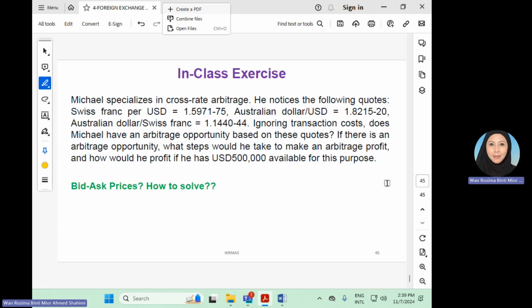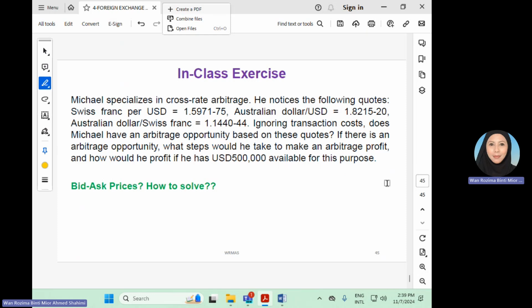Okay. Michael specializes in cross-rate arbitrage. He notices the following quotes: Swiss franc per USD, Australian dollar per USD, and Australian dollar against Swiss franc.